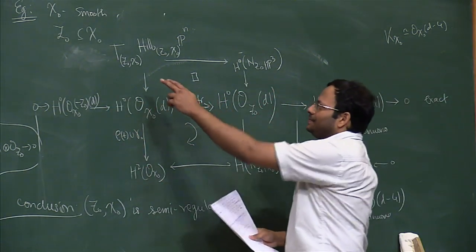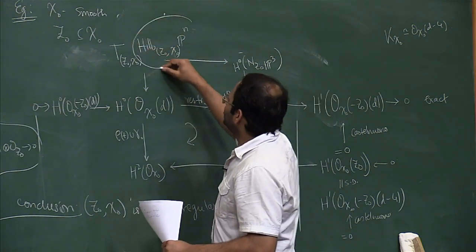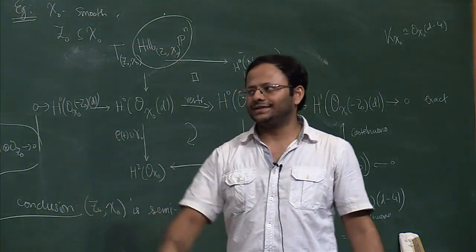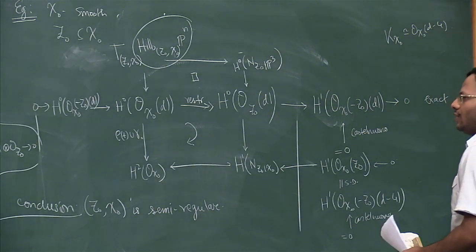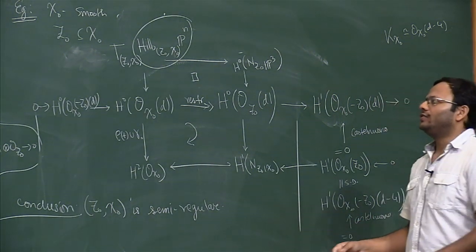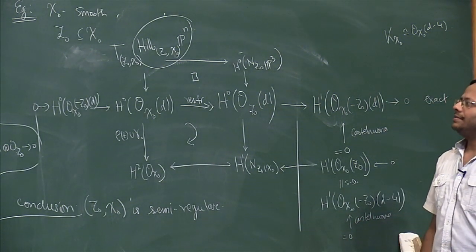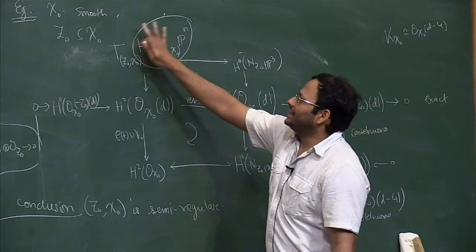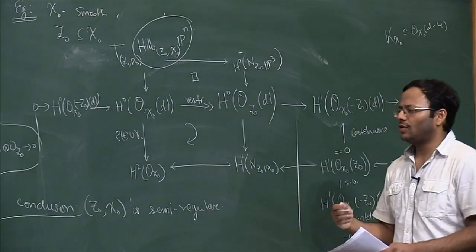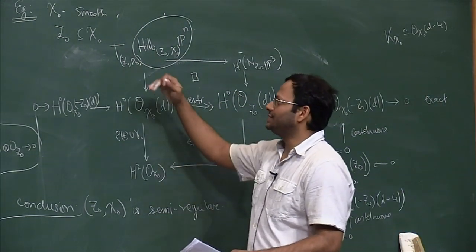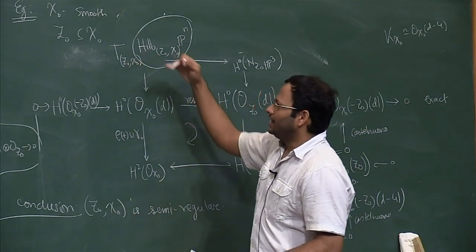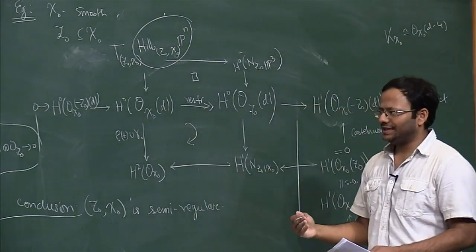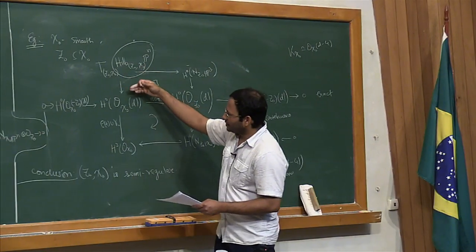So this object is the Flach-Hilbert scheme that I said, which consists of all the deformations of this pair. So the tangent space parameterizes all the infinitesimal deformations of this pair. In particular, it parameterizes the image of this map.